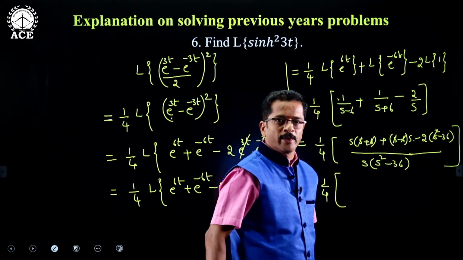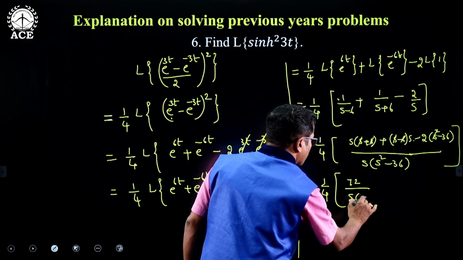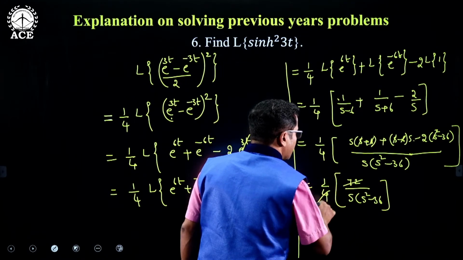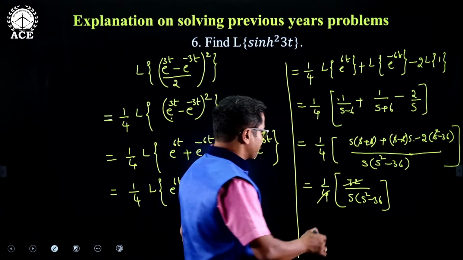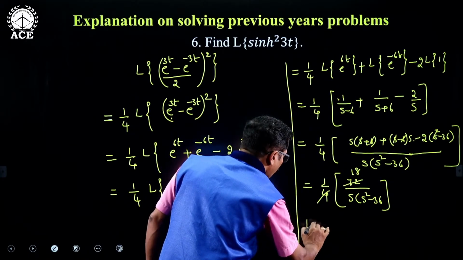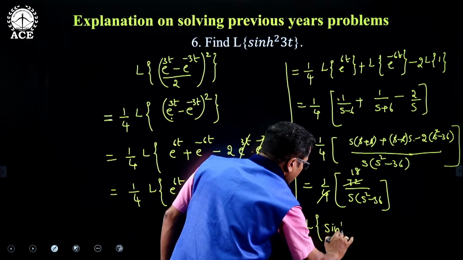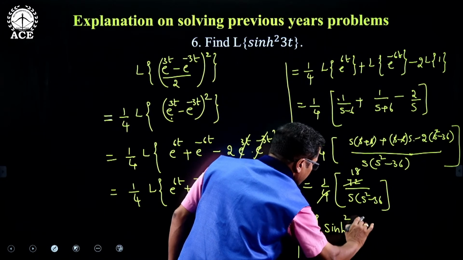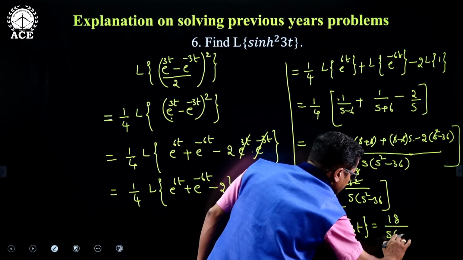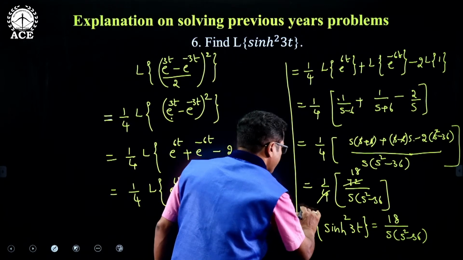Minus 2 into minus 36 is 72 by s into s square minus 36, where 72 gets cancelled by 18 times. Therefore, Laplace transform of sinh square 3t equals 18 by s into s square minus 36. This is the answer.